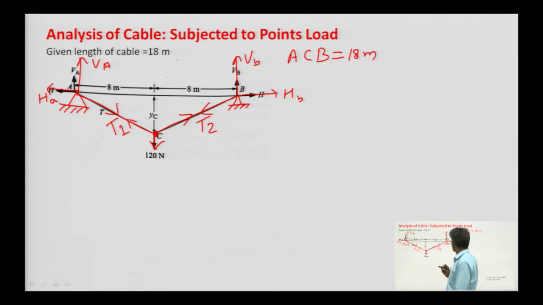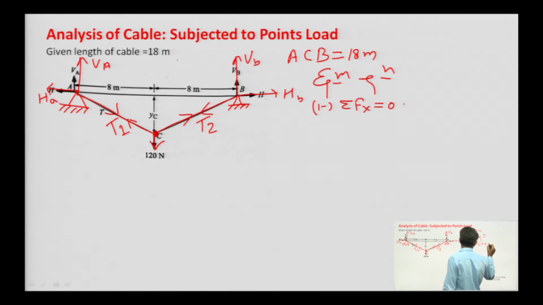Equilibrium equations, we know that these are the equilibrium equations. Number 1, sigma Fx equal to 0. If we apply sigma Fx equal to 0, then what we will get? We will get HB, take it as positive because it is acting in the positive direction, and HA as negative.